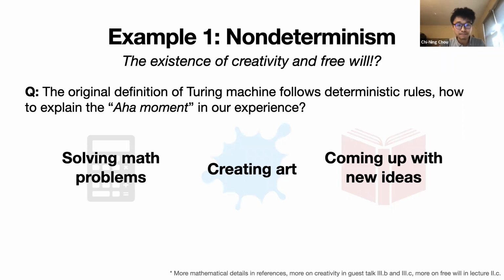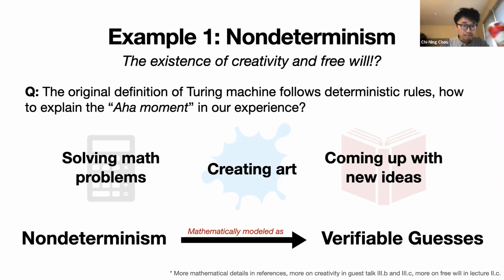But how do we mathematically formulate this kind of aha moment in the process of computation? It turns out that in the theory of computation, people model nondeterminism mathematically as something called verifiable guesses. Mathematically, this is a little bit ugly to describe if you haven't seen this before.